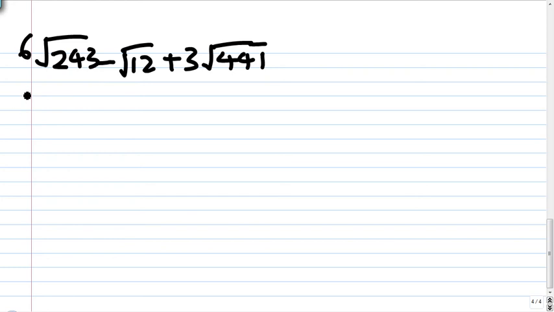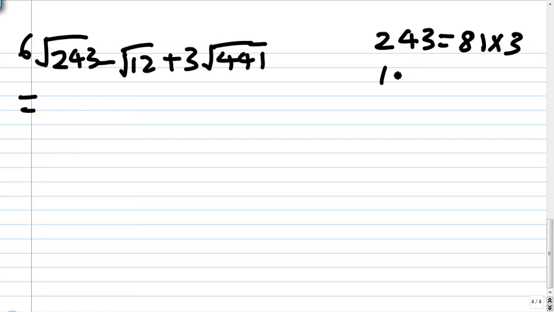You fiddle with the calculator and you know 243 can be written as 81 times 3. 12 can be written as 4 times 3. Can you see what I'm doing? I'm making them multiples of 3.